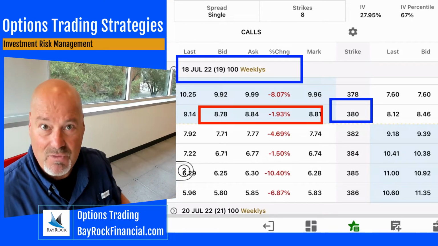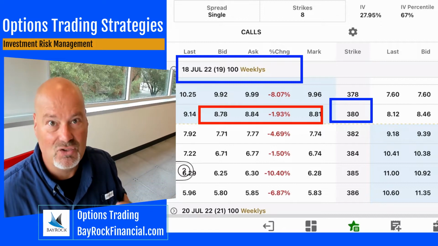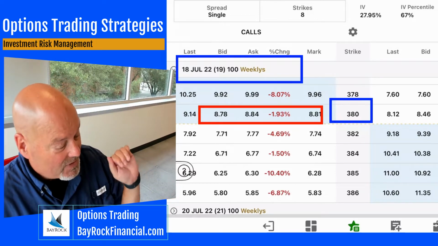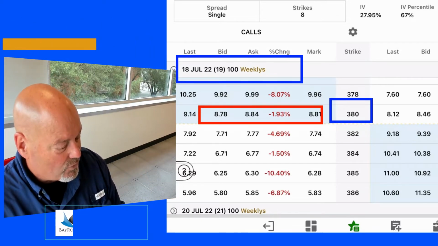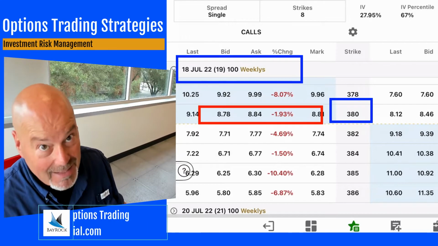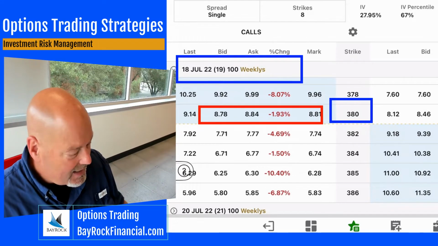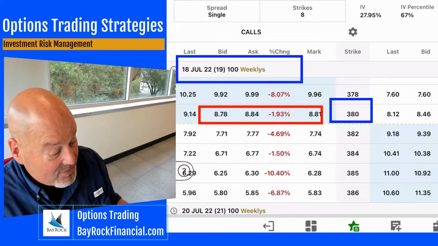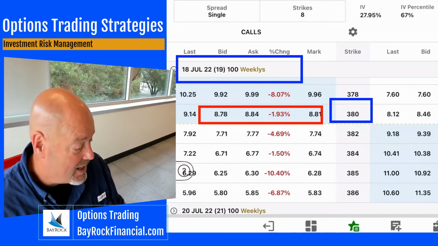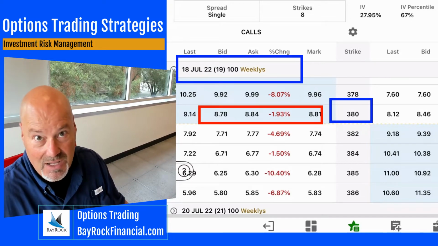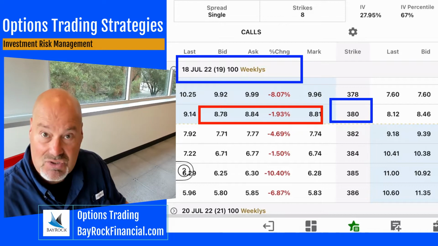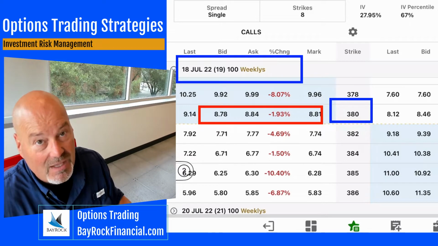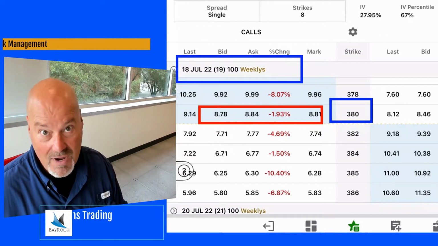That's what you got paid for a credit. So you gained, you made money. And if the stock trades for $379 or anything below $380 at the expiration on the 18th of July, then you get to keep that $884, and then we just turn around and do it again and create another credit.